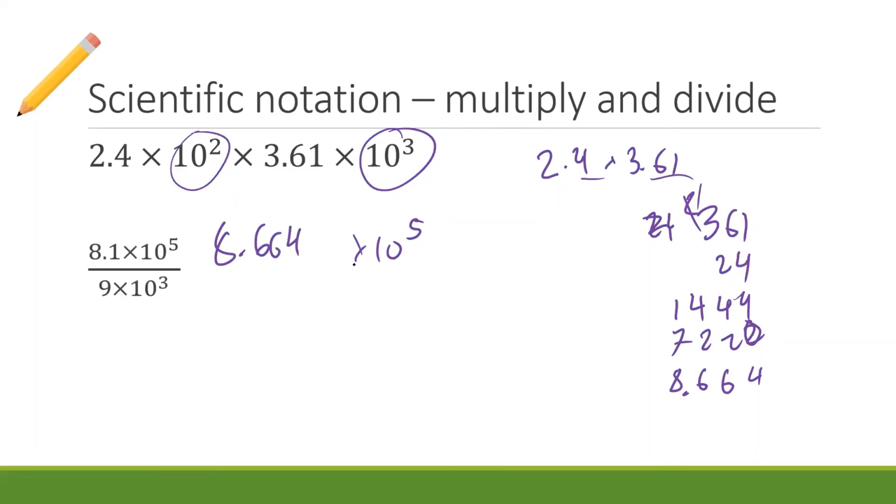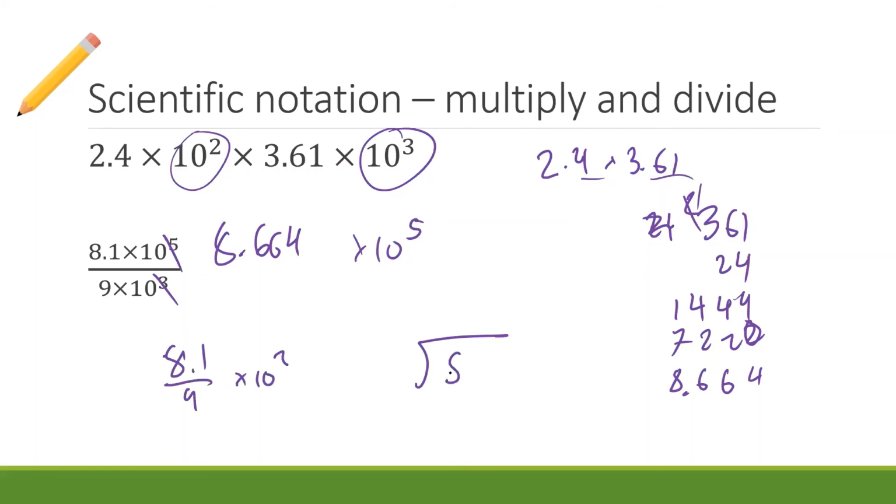The last one I had to show was this one, 8.1 times 10 to the power 5 divided by 9 times 10 to the power 3. I put this one up here as a bit of a novelty, but we can still do it. That's going to cancel 10 to the power 5. 5 take away 3 is 2, so you're going to have 8.1 divided by 9 times 10 to the power 2.